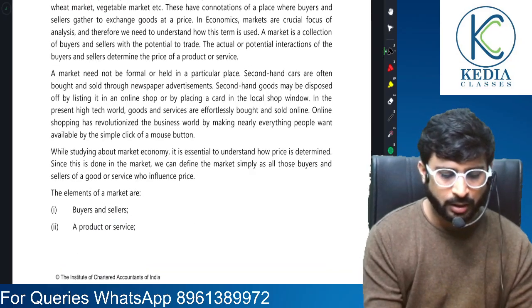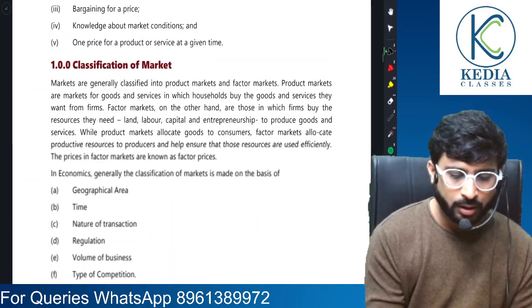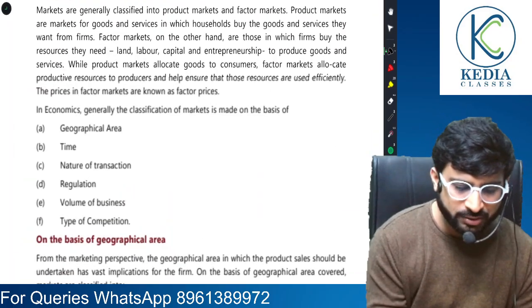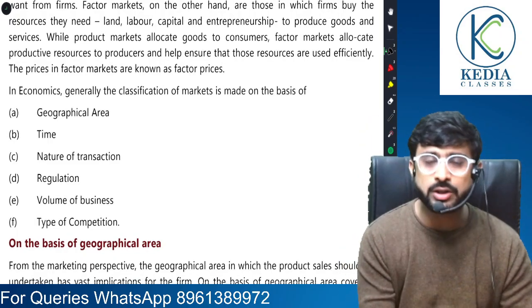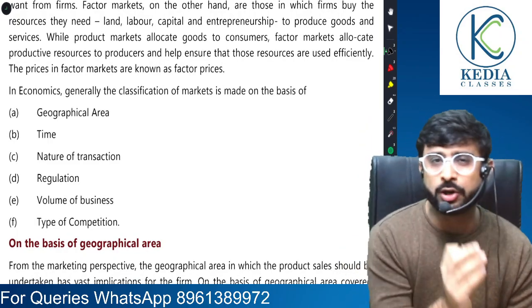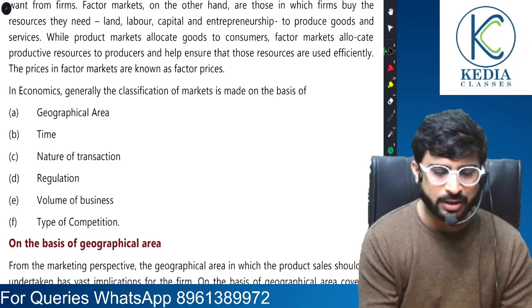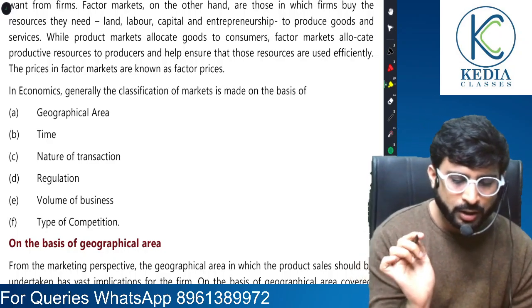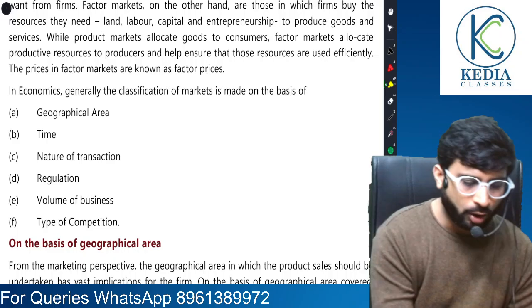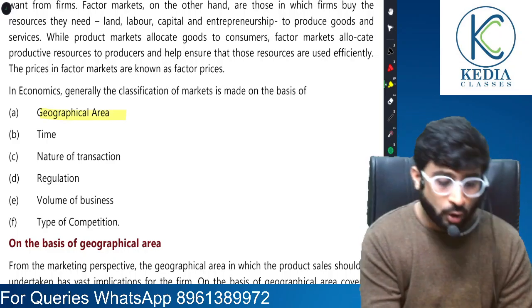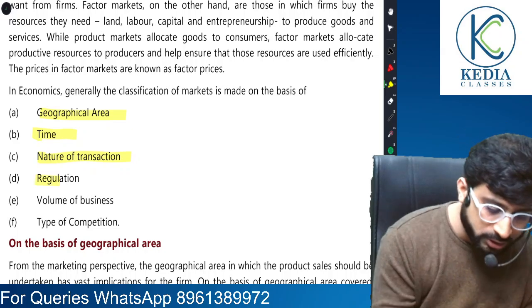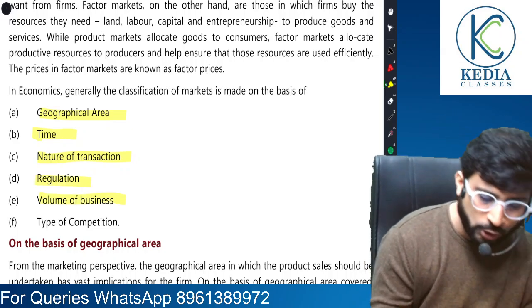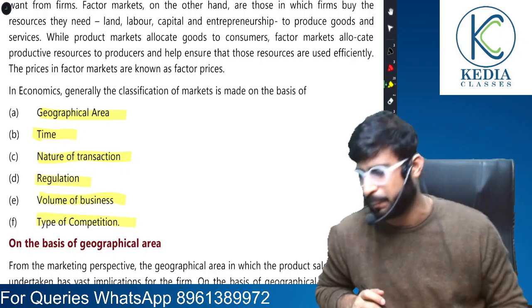Moving on. Friends, there are different bases on which markets can be classified. I'll come back to the most important of all, so just pay attention, right? Markets can be classified on the basis of geographical area, on the basis of time, on the basis of nature of transaction, on the basis of regulation, on the basis of volume of business, and on the basis of type of competition.